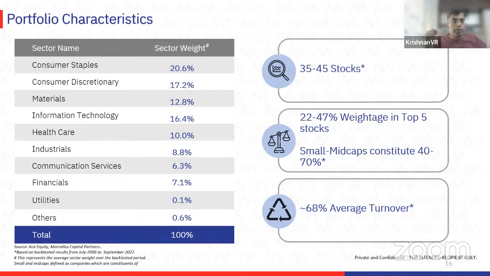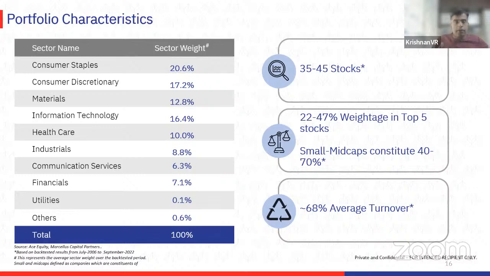And in terms of the sector allocations, given the portfolio construct, we tend to favor cash flow generating businesses, profitable businesses, efficient businesses, which can consistently grow their free cash flows going forward and generate return on capital in excess of the cost of capital.